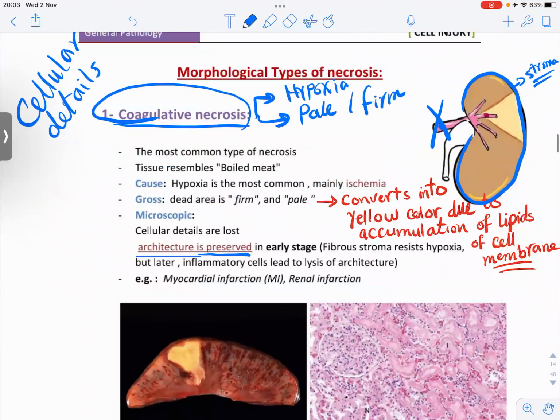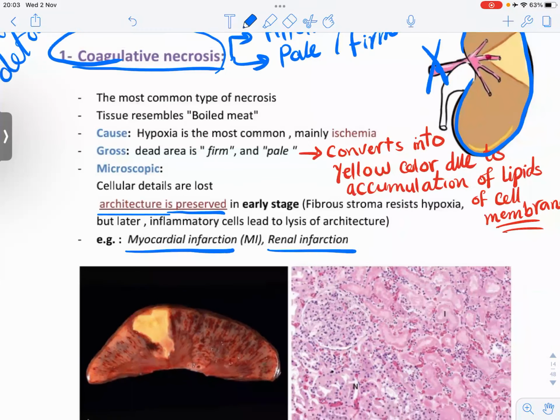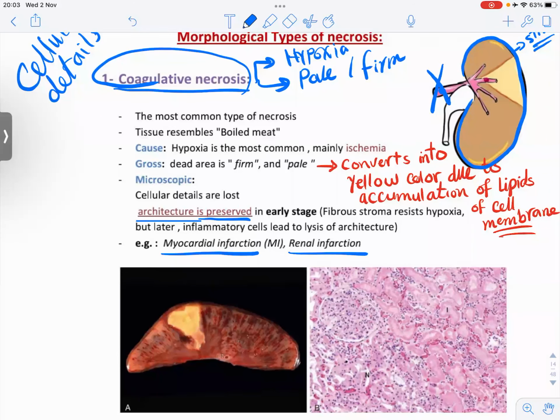Examples, of course, are renal infarction and myocardial infarction. Infarction means when the blood vessel which supplies the heart is blocked, then the cardiac cells start to die off, and it's called cardiac infarction. And in the kidney it's the same, renal infarction.